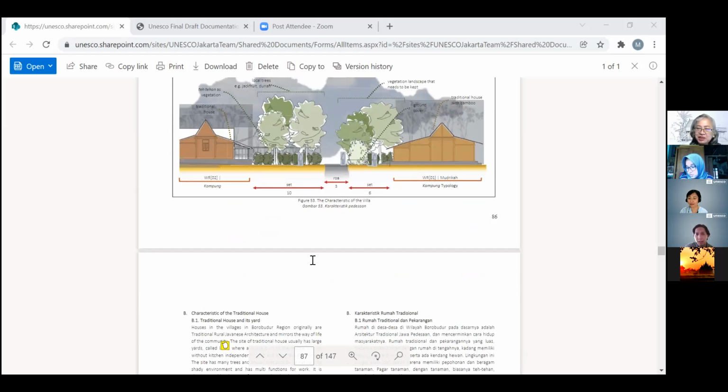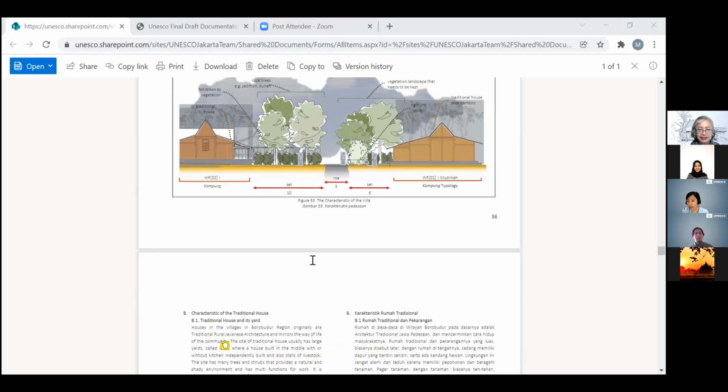Maybe can I explain a little bit before Mas Rizky adds some more? Sure. I think what you mentioned is that we have a lot of information but it's not clear enough to explain. We have to make it more detailed. First of all, we divide it into two types of focus.